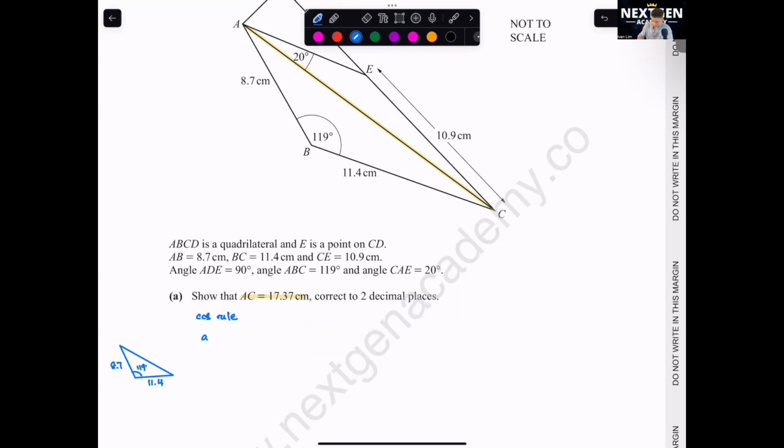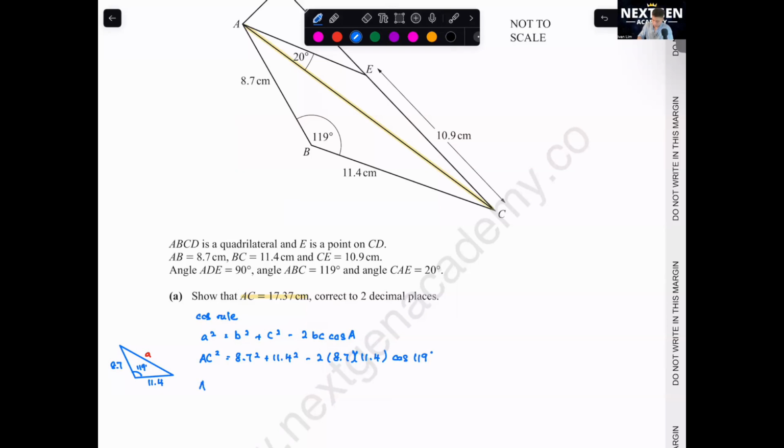The formula will be a square equals b square plus c square minus 2bc cos A. A square will be this one here. So AC square equals 8.7 square plus 11.4 square minus 2 times 8.7 times 11.4 cos 119 degrees.